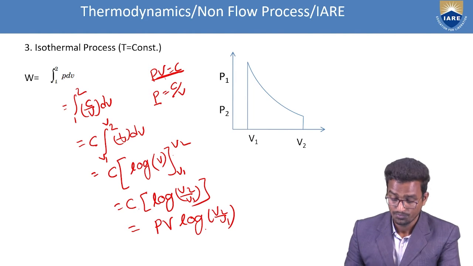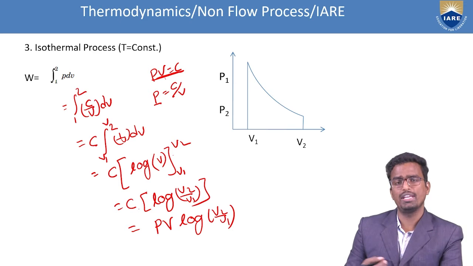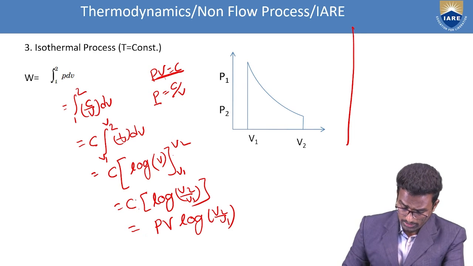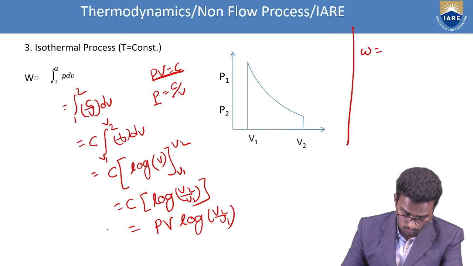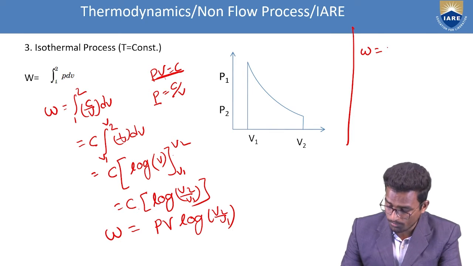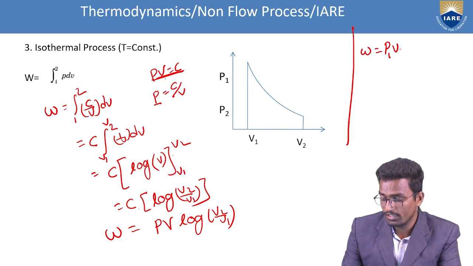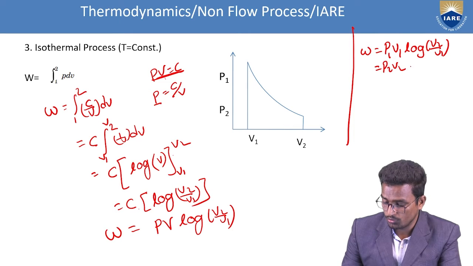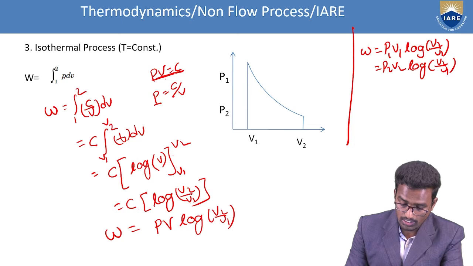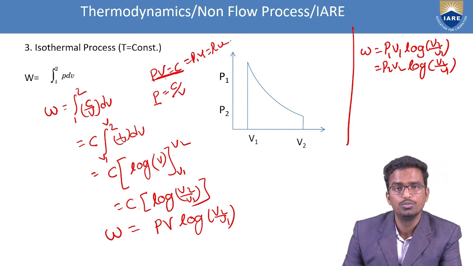You understand, right? Now you can write this in many ways. This is equal to the work done. The same PV you can write as P1 V1 log V2 by V1, or again as P2 V2 log of V2 by V1. Why? Because the C value is equal to P1 V1 and also equal to P2 V2.